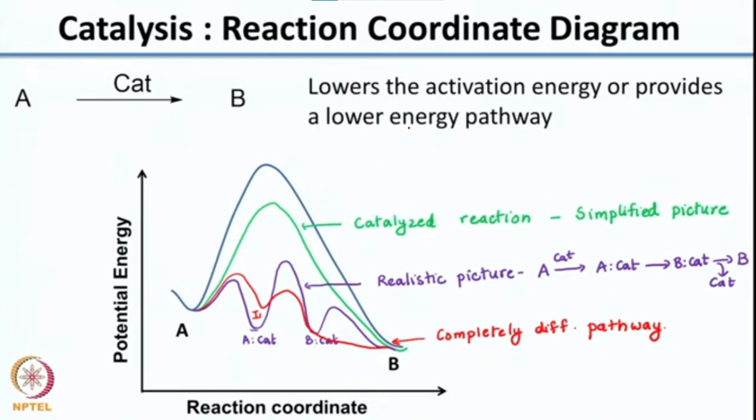The activation energy of the transition state will be lowered, and it will provide a low energy pathway for the reaction. All of you know that on the y-axis we have potential energy, and on the x-axis we have the reaction coordinate, right? This is the case without catalyst, no catalyst.